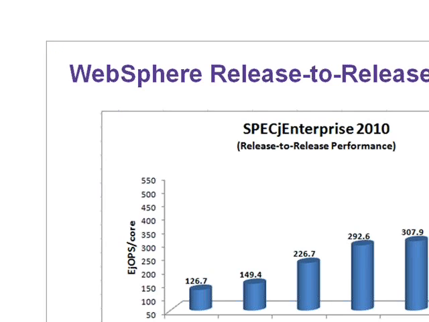Now, we have also been comparing the earlier releases of WAS with the latest ones to make sure that there is a constant improvement in performance. SPECjEnterprise, as you would know, is the benchmark of application server performance measurement driven by Sun, which is now Oracle. And the unit of measurement is e-jobs per second per core, enterprise job operations per second per core.